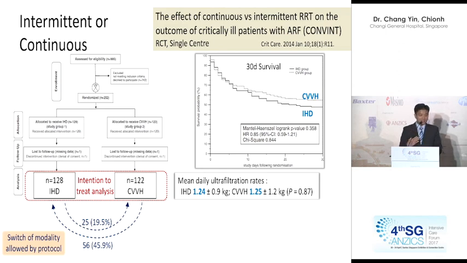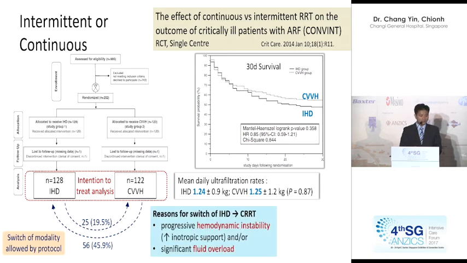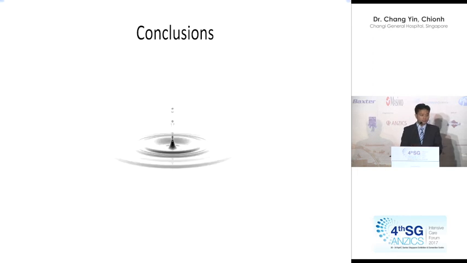But the analysis was done based on intention to treat. The reasons for switching from intermittent hemodialysis to CRRT were basically that the patients were more unstable, or developed significant fluid overload. So although this showed no difference in the UF volume, it suggested that CRRT is the modality to go to if you require more fluid removal.